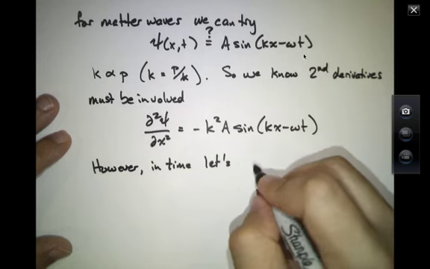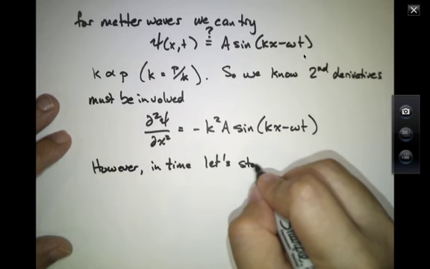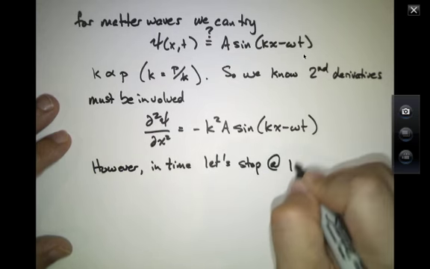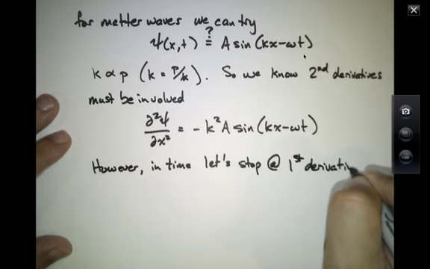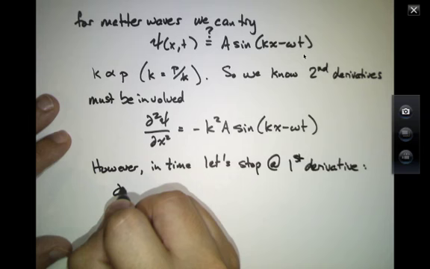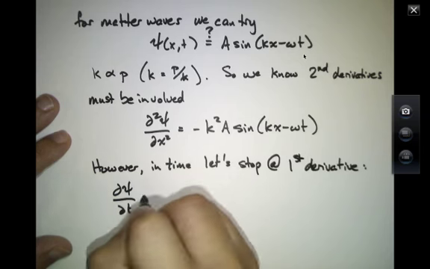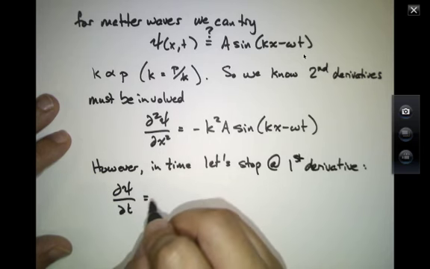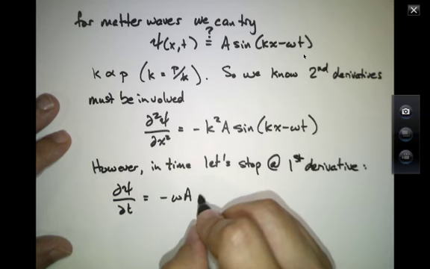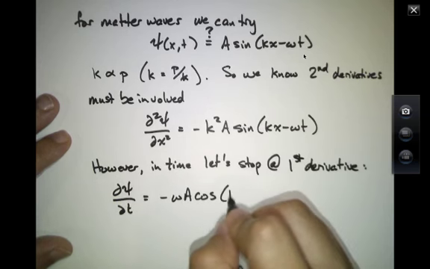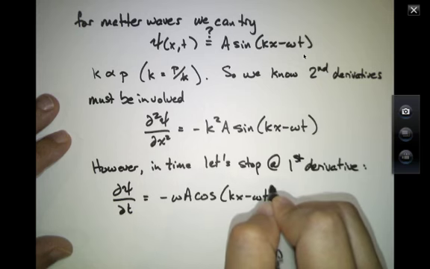If we're looking at the time derivative, we'll stop at one derivative here, because one time derivative gives me minus omega a cosine of kx minus omega t.